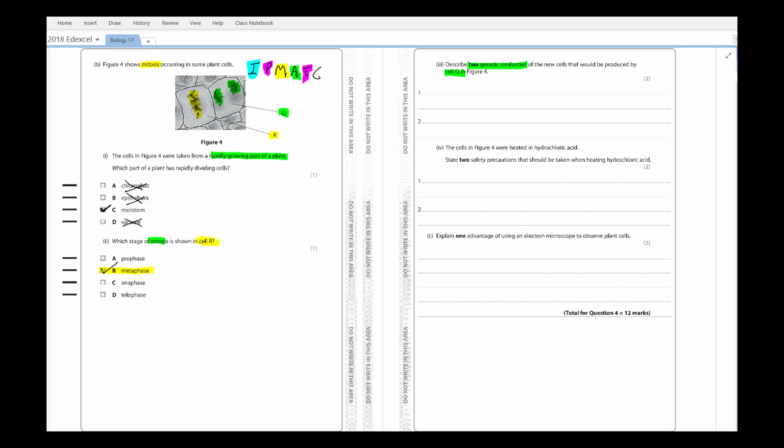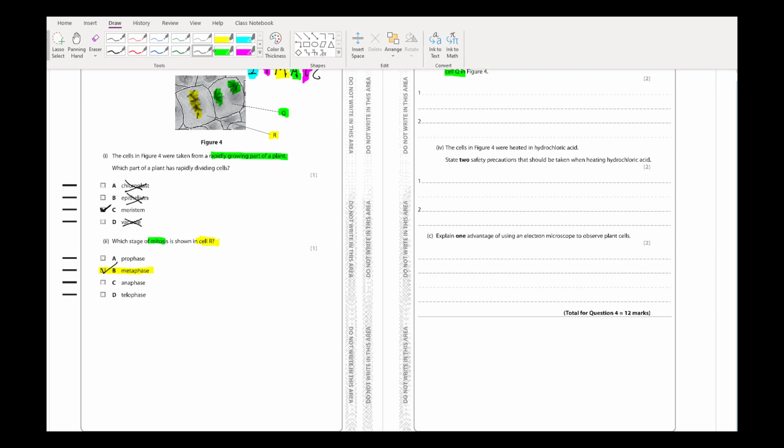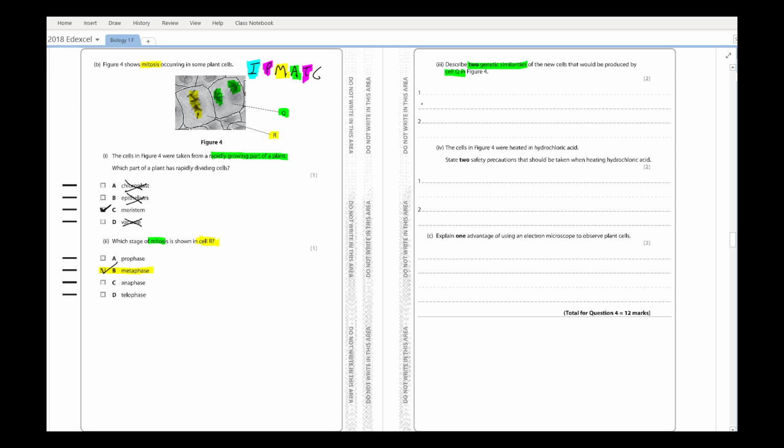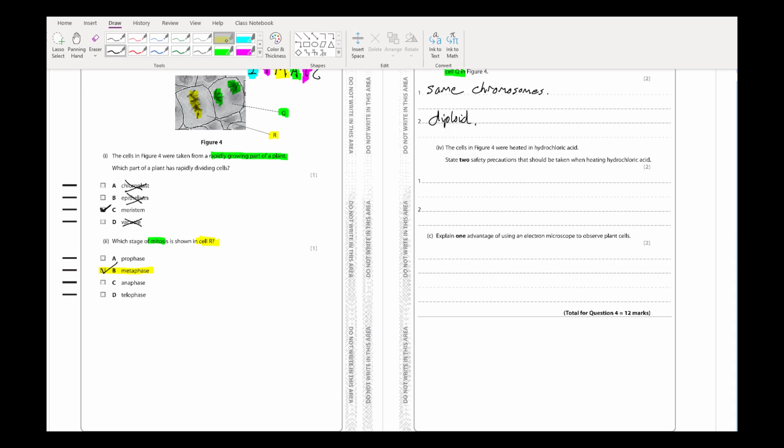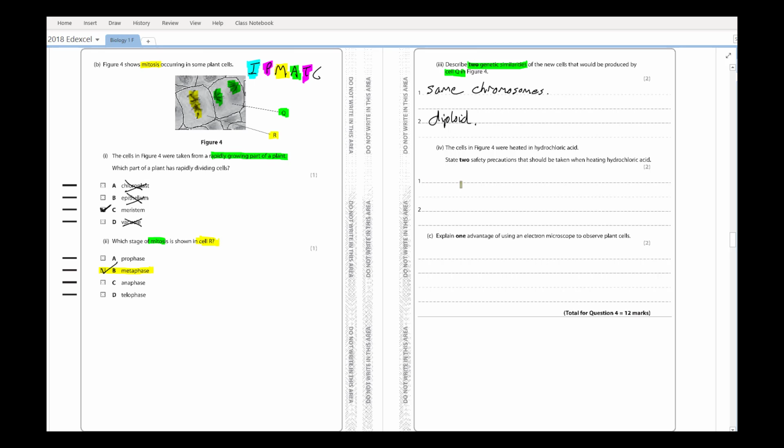It's about mitosis, because mitosis happens in cell Q. In mitosis, the new cells will have the same, identical chromosomes, and the cells are diploid. Sometimes they'll ask you about mitosis and sometimes about meiosis, so understand the differences between the two, but this question is just about mitosis.